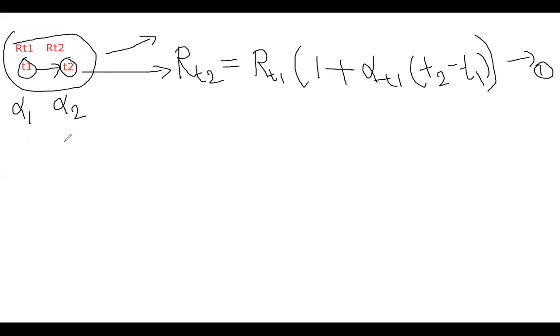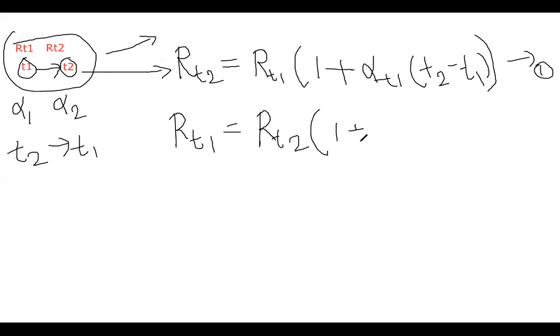But when the temperature is cooled down, going from T2 to T1, the resistance value RT1 is equal to the initial value RT2 times 1 plus the temperature coefficient alpha T2, and the temperature difference is T1 minus T2. This is our second equation.